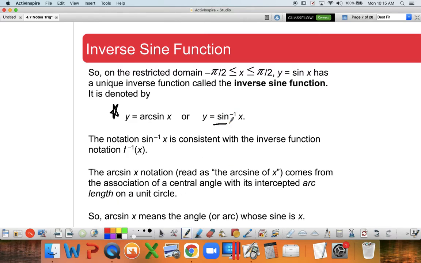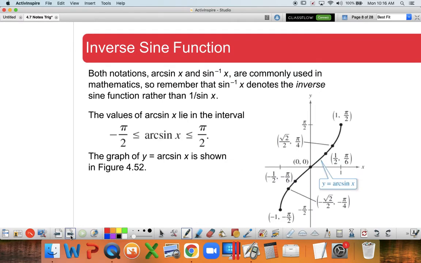I know we've predominantly been using this because it really looks a lot like the inverse function notation that we've seen before. Your calculator, Desmos, all use this one. Your book tends to like this one. So this is Desmos and our calculators. We really just have to be able to use them interchangeably, and we got to make sure we know that they mean the same thing.